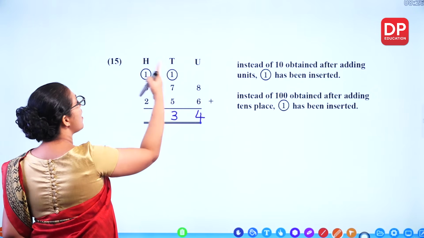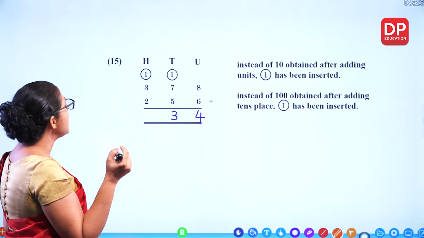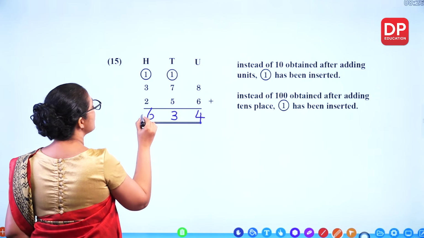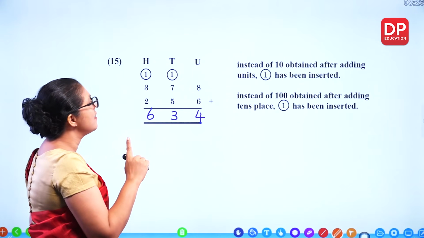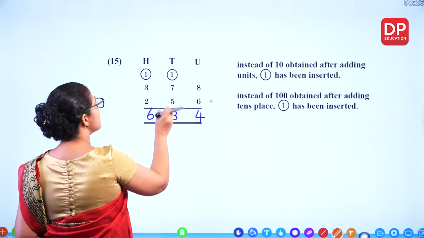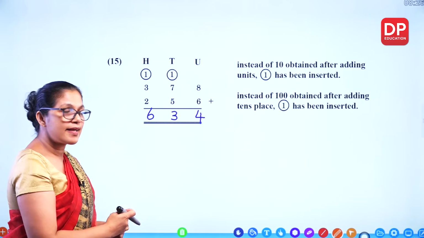And take 1 to the hundreds place. 1 plus 3, 4. 4 plus 2, 6. So you can do the same question this way. So this is easy. When you write ones place, tens place and hundreds place, you can take 1 to the next level.